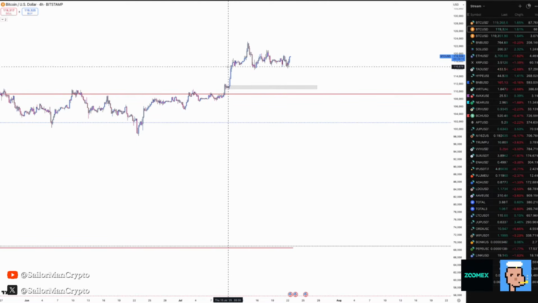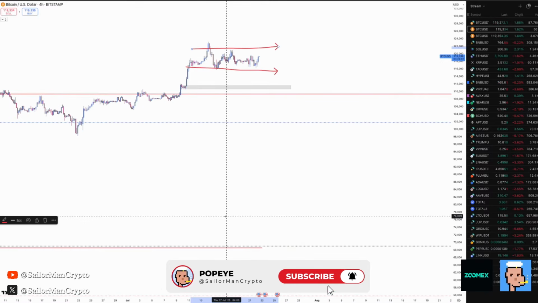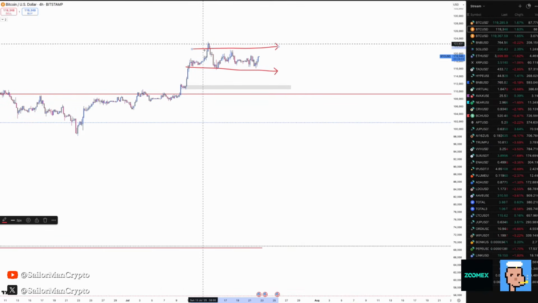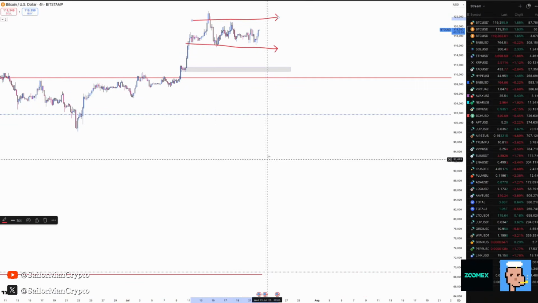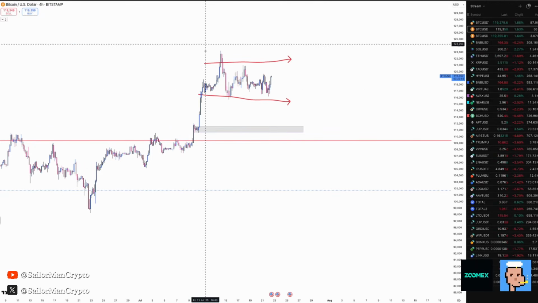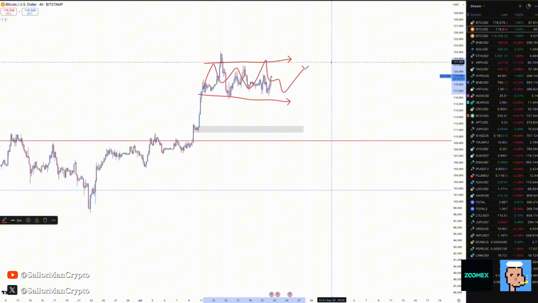You can develop something similar on a lower time frame range like the one we are having here, and you can clearly see that Bitcoin in the last few days is trapped here. So you can say, okay, as long as we are in this range, I will focus on altcoin because the market looks very strong, and Bitcoin going sideways is probably giving altcoin room to breathe and move higher.